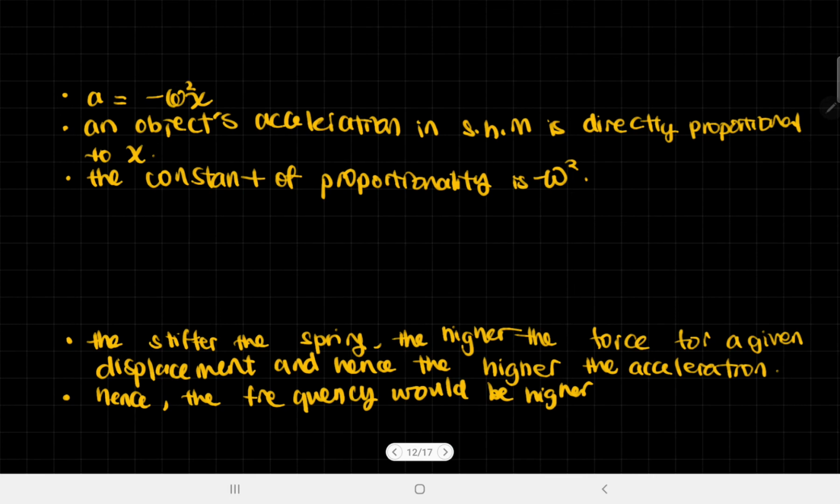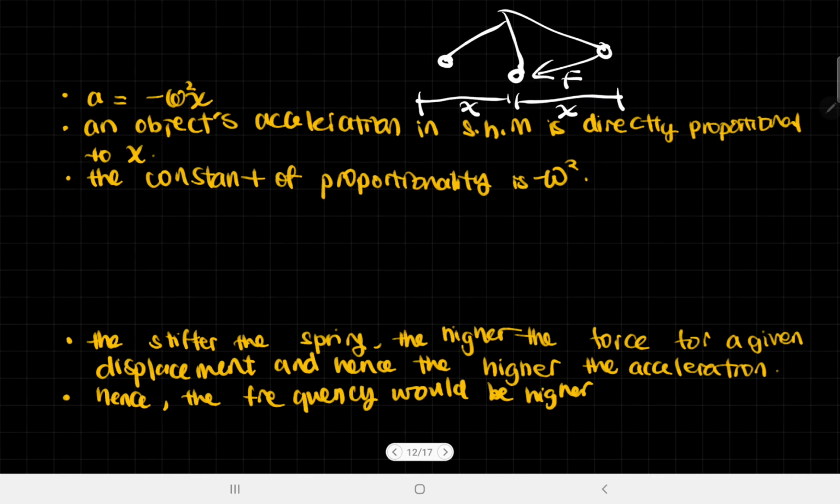It means that when, let's say, there is a pendulum, this is the equilibrium position, the bigger the displacement x is, the bigger the acceleration will be. It also tells us that the bigger the displacement x is, the bigger the restoring force F would be, because F equals ma. So that's something that we can observe. And the constant of proportionality is negative omega squared.